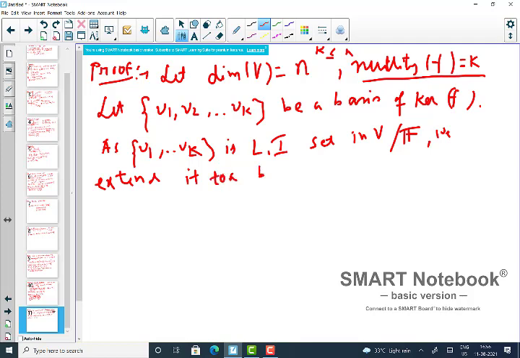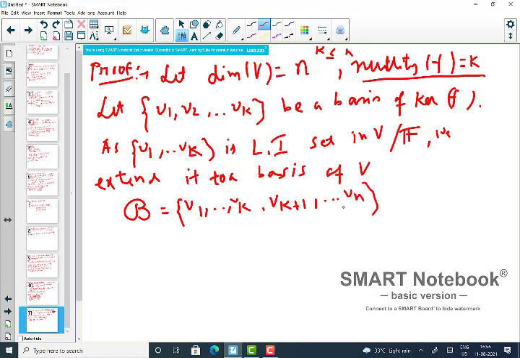Say B, and this is v1 up to vk, and then vk plus 1 to vn. Okay, so this is the basis. Now obviously v1 to vk generates the kernel of f.